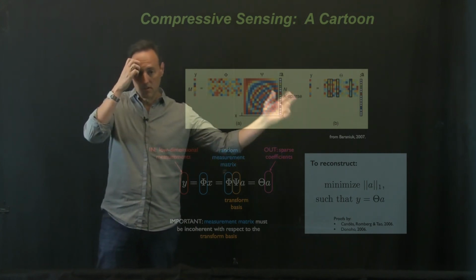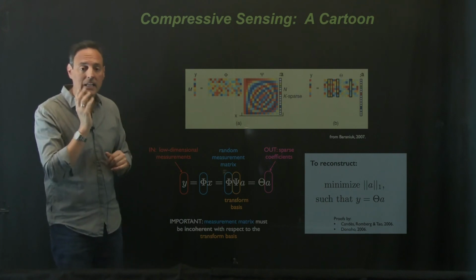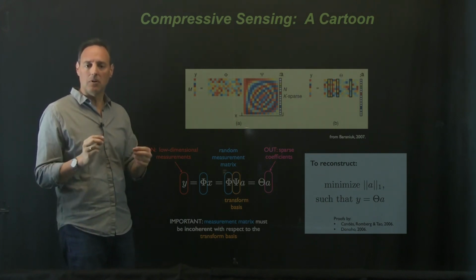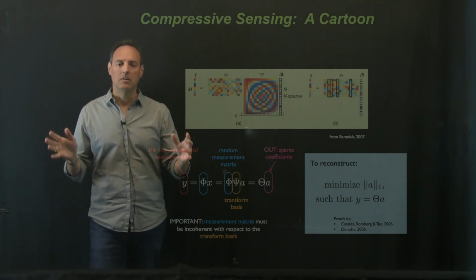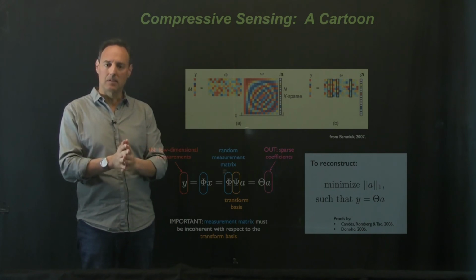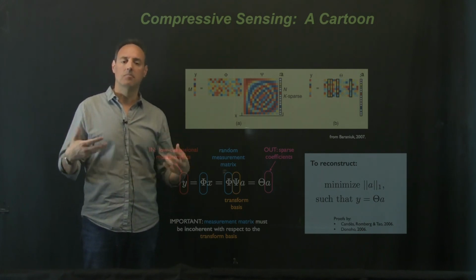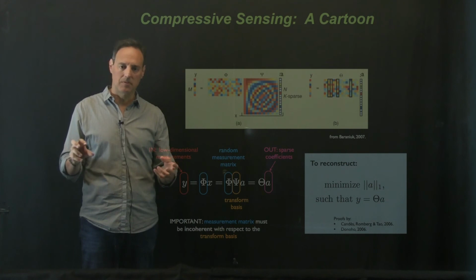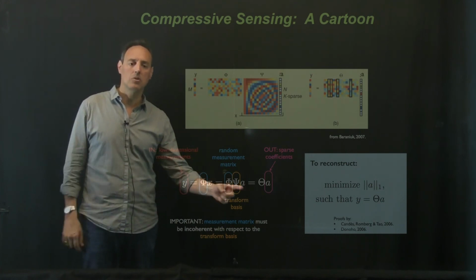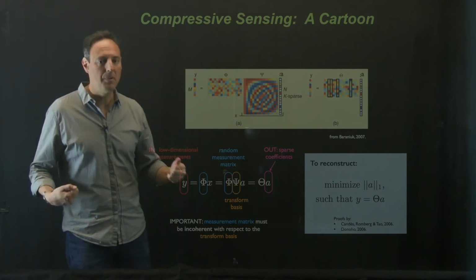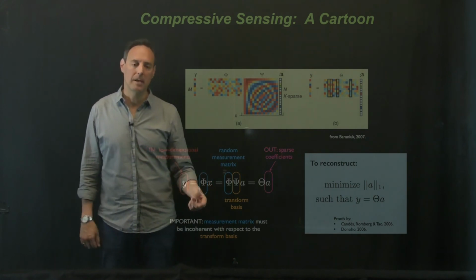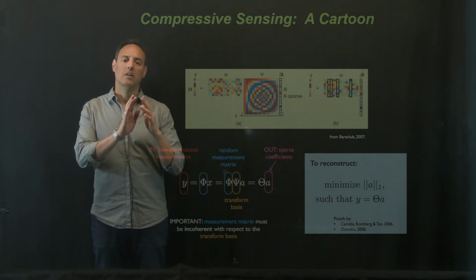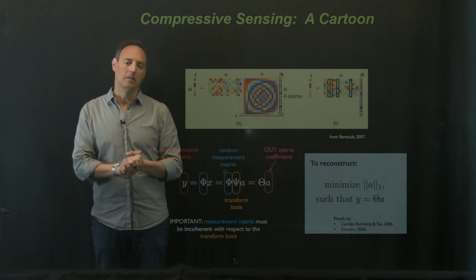Compressive sensing, this is a cartoon from Richard Baraniuk, has this idea built into it, which is if I have a signal that's compressible on some basis, then I can take some random projections or random measurements of the system, and what I can do is solve Ax = b subject to an L1 penalty, and I can find the sparse modes representing the solution.